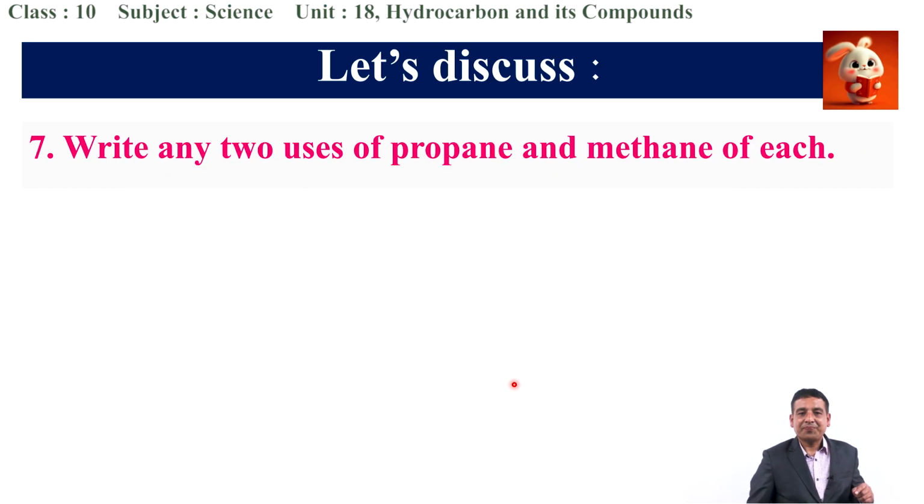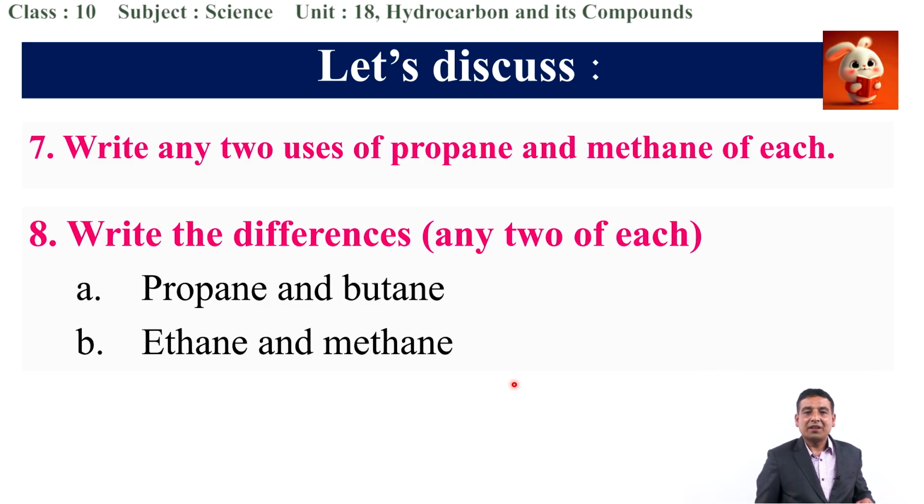Next question is, write any 2 uses each of propane and methane. According to the previous discussion, you can write the uses of propane as well as methane. Next, write the differences between propane and butane. At first, you have to differentiate through the carbon number. How many carbon atoms does propane consist of? 3. Then how many carbon atoms does butane consist of? 4.